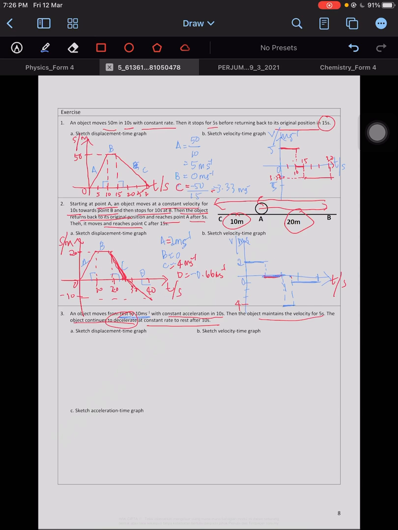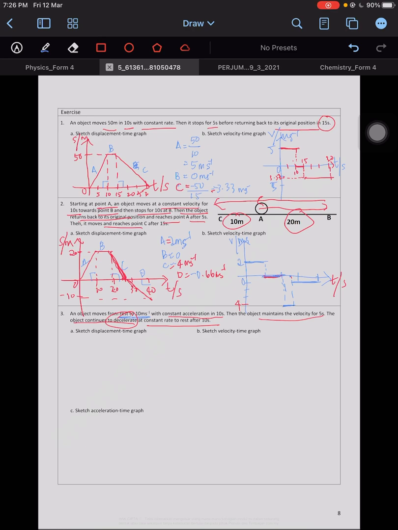How to do this? We might not know what information they are going to ask, because they did not give you any information on the distance. So let's do something like this. From rest with a constant acceleration in 10 seconds, so increasing.